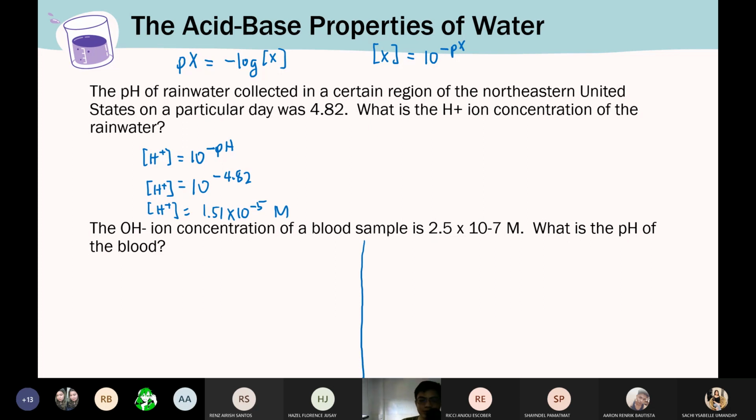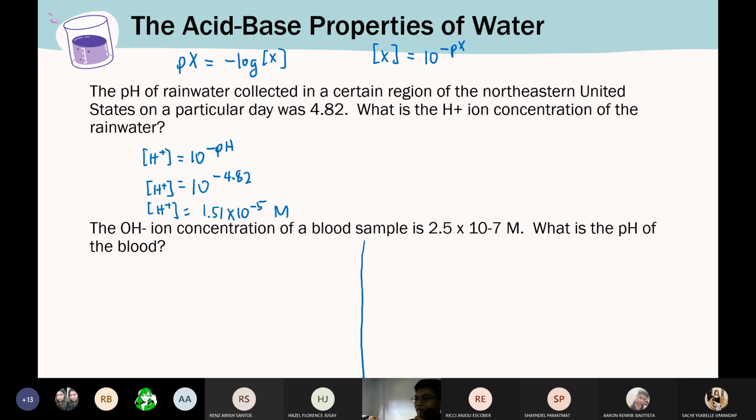Paano ko kaya masasagutan yung second problem? Given yung OH concentration, hanapin ko daw yung pH. Ano sa tingin niyo pwede ko gawin? Suggest kayo ng gagawin ko. Kunin ko po muna pOH.